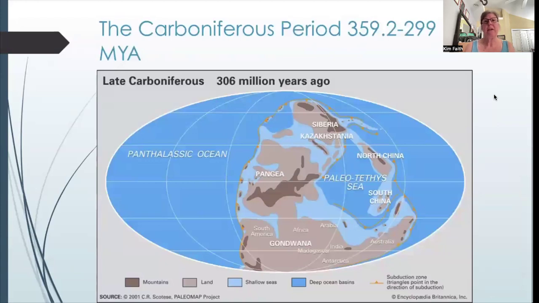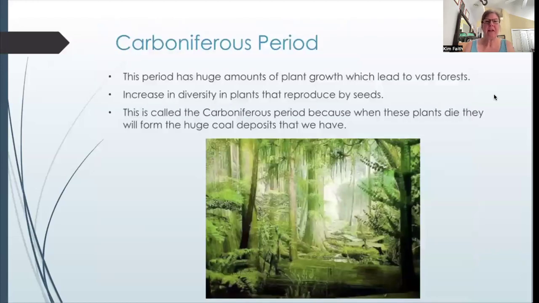The Carboniferous period is one of my favorites. That was 359 million years ago. And you can see how we're starting to get those land masses coming together. This period was known for its huge amount of plant growth. We had vast forests, and with that vast forest, we had a ton of oxygen being kicked out. So we have a huge diversity.